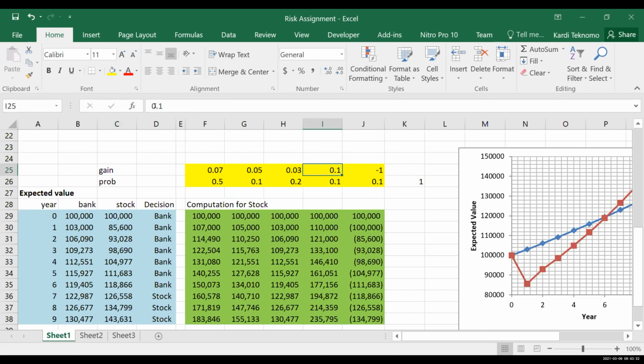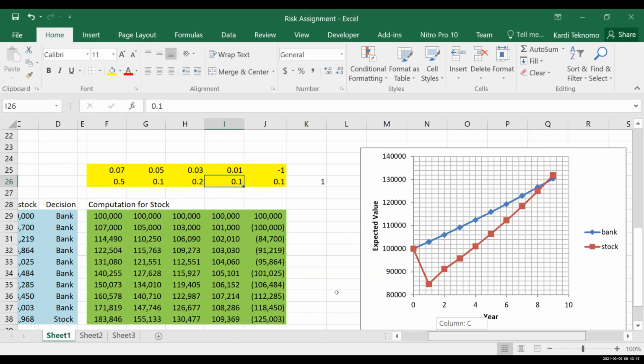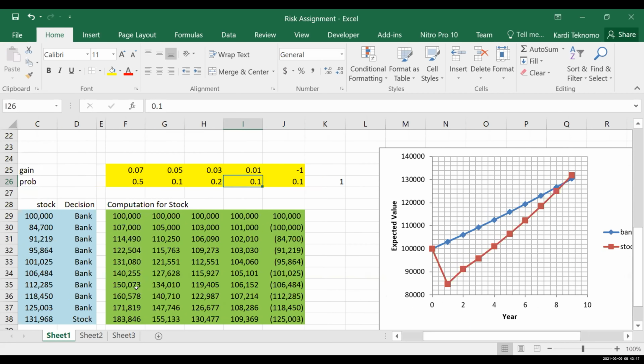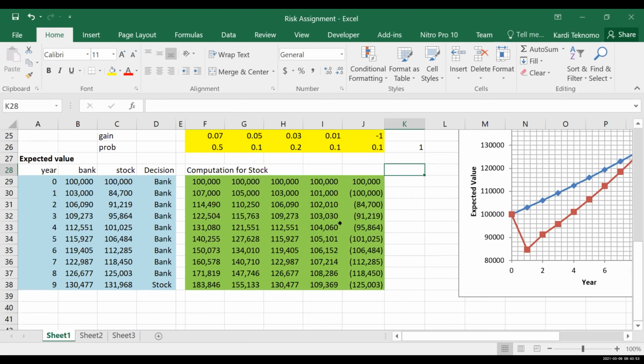It's 1%. Yeah, okay. 0.01. Sorry. Now, in this case, you will meet at not 6 years, but at 9 years. At 9 years, then it is correct.